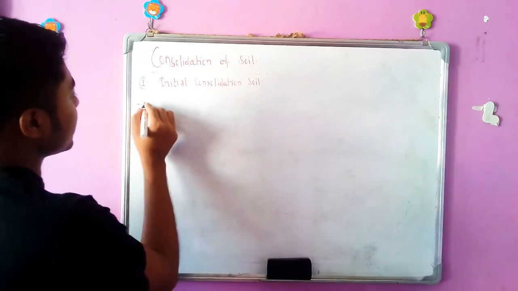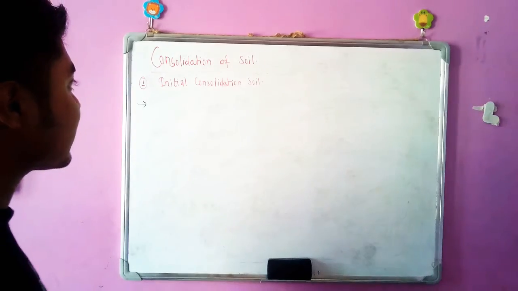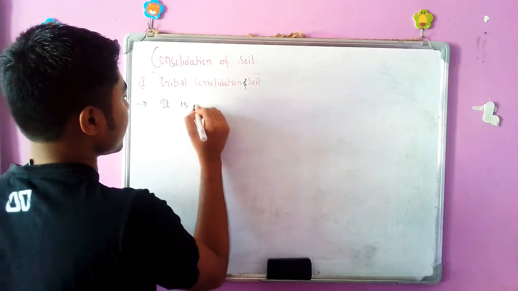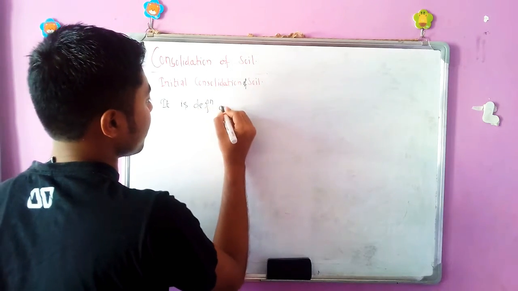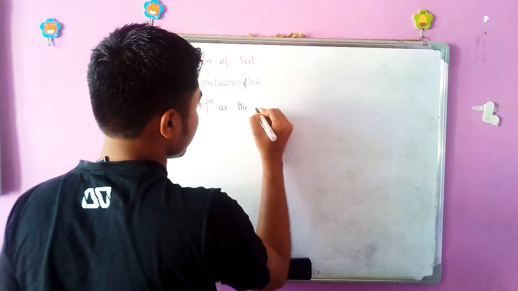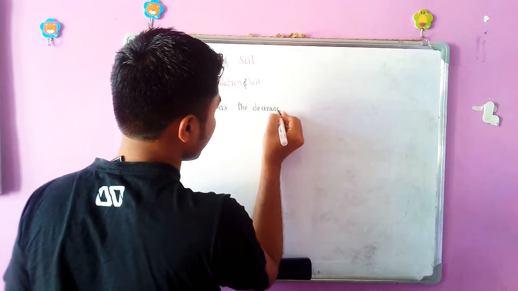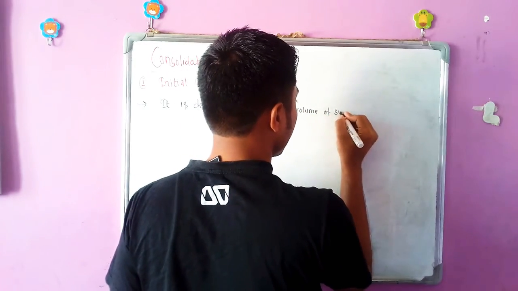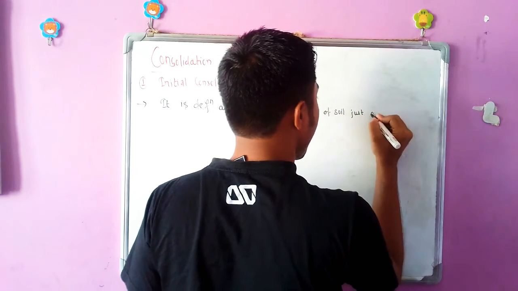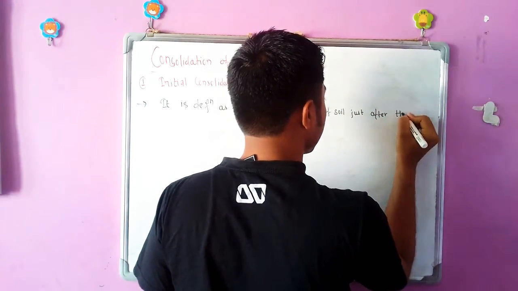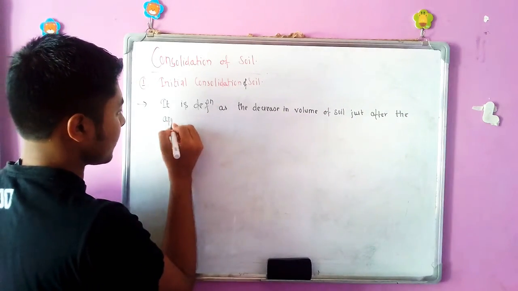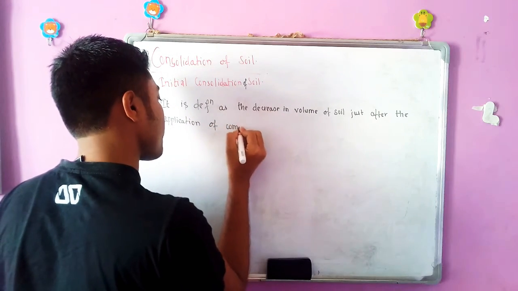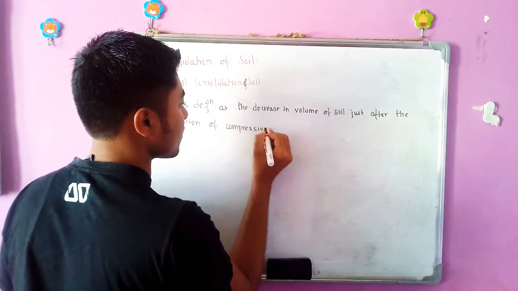At first, the definition of initial consolidation of soil is the decrease in volume of soil just after the application of compressive force.